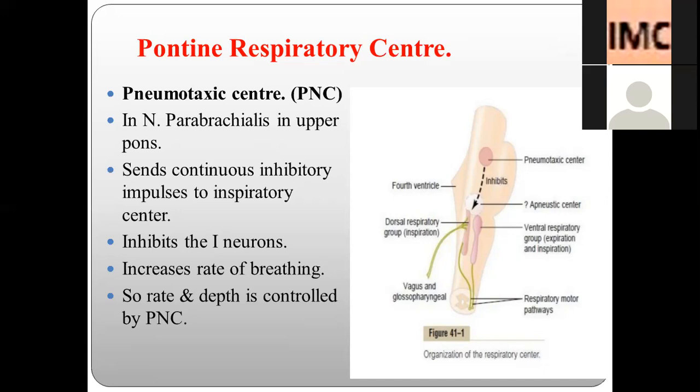Whenever you require a fast rate, this inhibition will be adjusted accordingly. If you require a slow rate, again it will be adjusted according to your body metabolism. So this is the function of the pontine respiratory center.